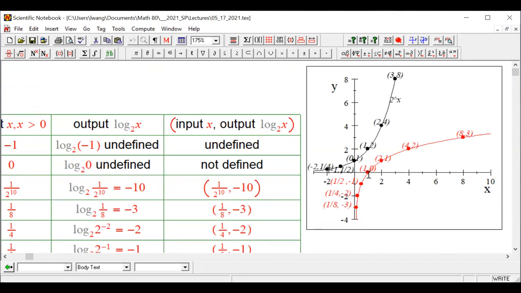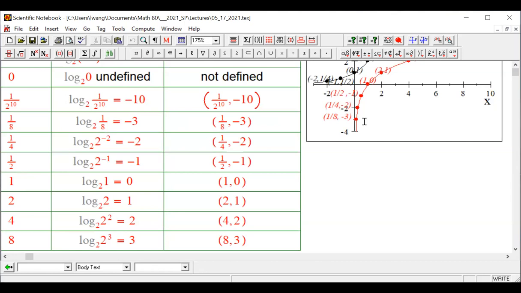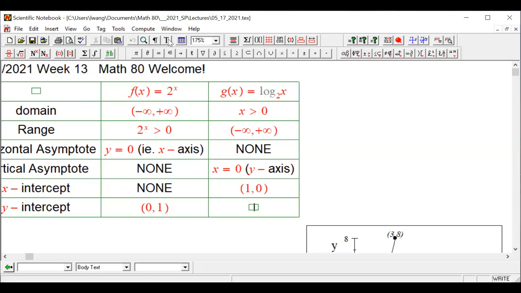It crosses the x-axis right here, so it has an x-intercept. Does it have a y-intercept? No, it doesn't, because x cannot be 0. The domain is x must be greater than 0, so it will never cross the y-axis. Therefore, the y-intercept does not exist.